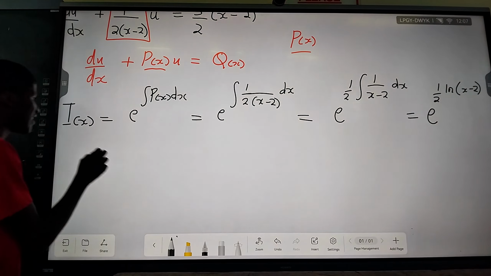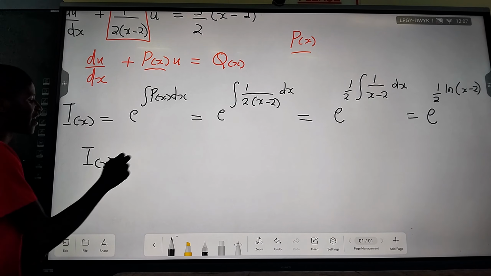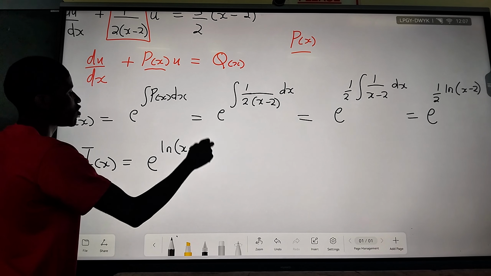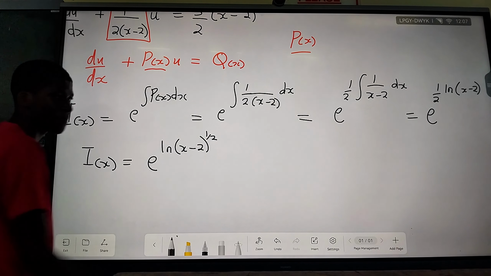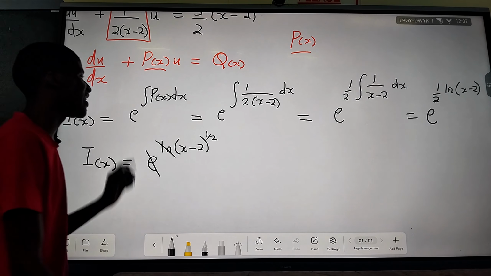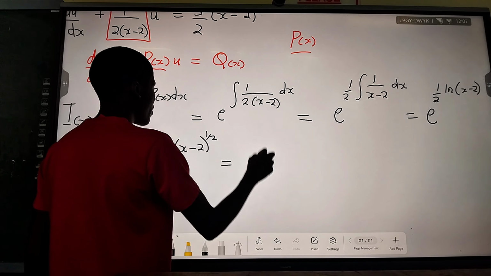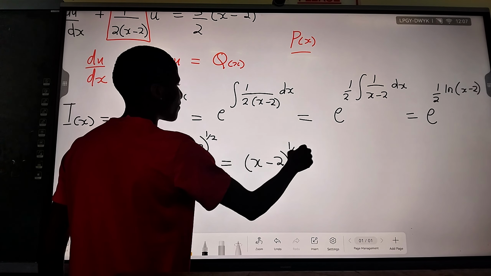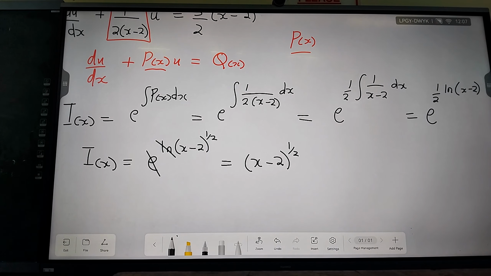Let me rewrite it: the integrating factor is e to the power of ln of (x minus 2) raised to the power of half. Then we cancel e and ln, so we have (x minus 2) to the power of half, the square root of x minus 2. That's the integrating factor here.